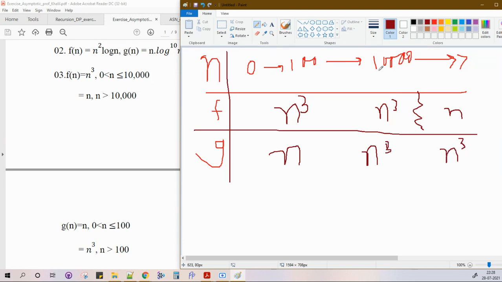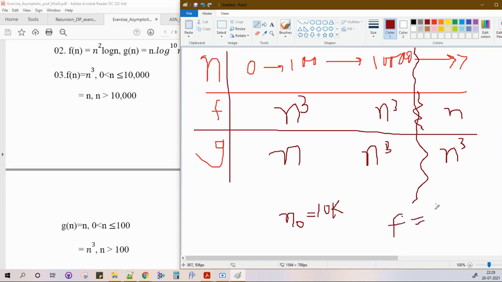So if I take the threshold here at 10,000, the threshold can be k or n0. So n0 is nothing but 10k. If I take the threshold at 10k, then what will happen? After this point, my f is n and my g is n cube, right? So which is greater? f is less than g, right? So f is upper bounded by g.